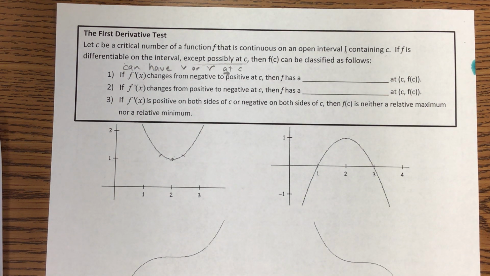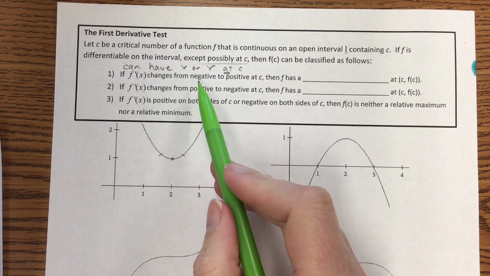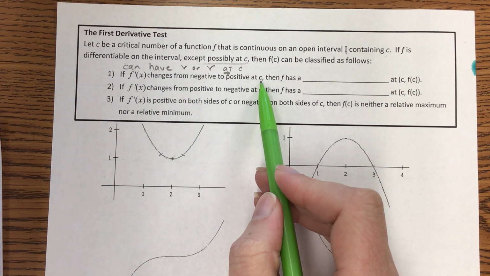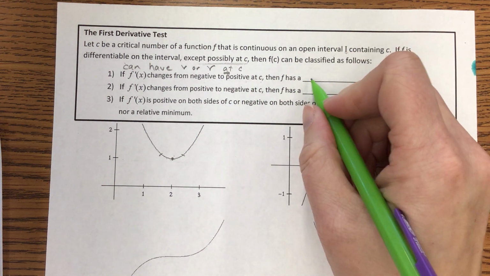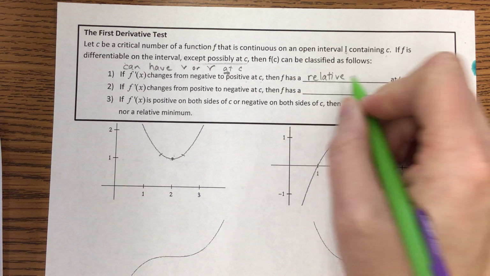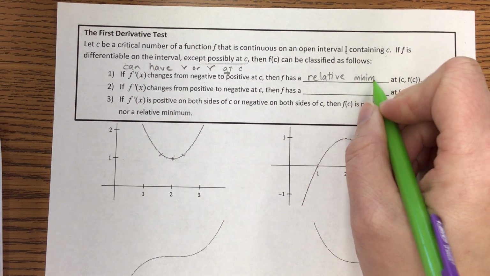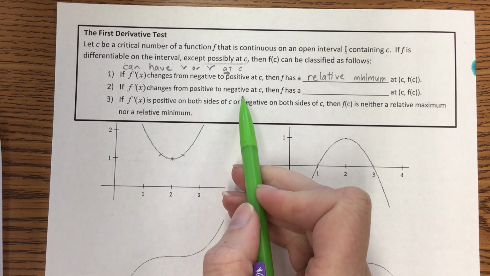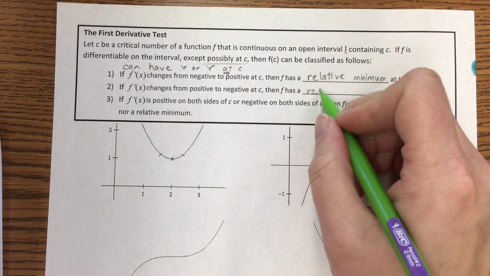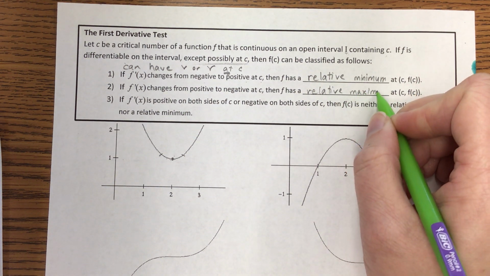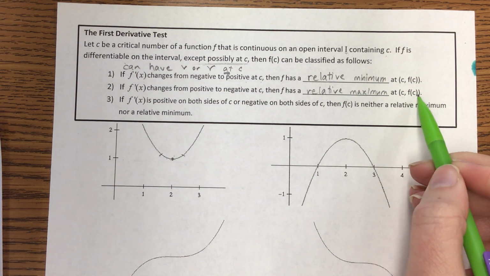Okay. So if f prime changes from negative to positive at c, then f has a relative minimum at c. And if f prime changes from positive to negative, then f has a relative maximum at c, f of c, right?